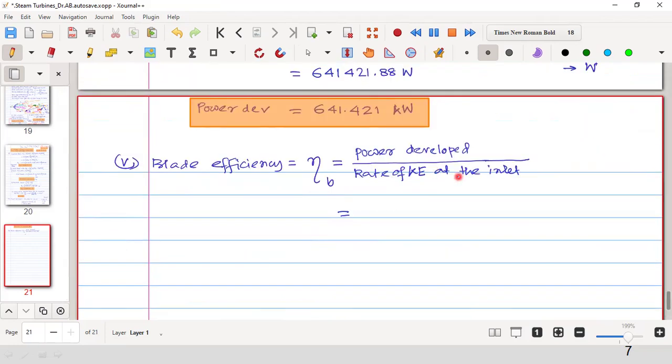Since we have done this, I'm not elaborating much on this. So m dot into delta VW into U divided by half into m dot into V1 square.